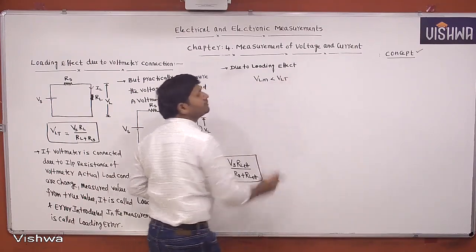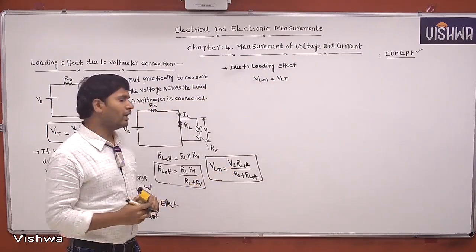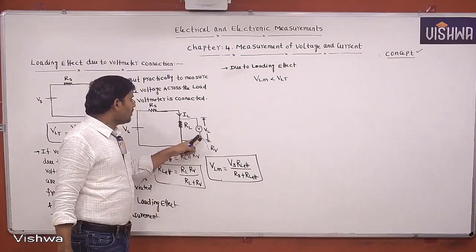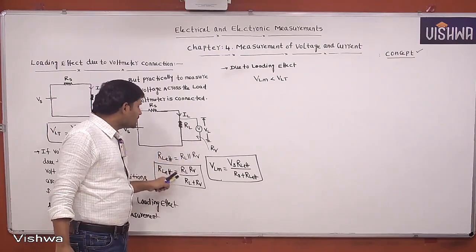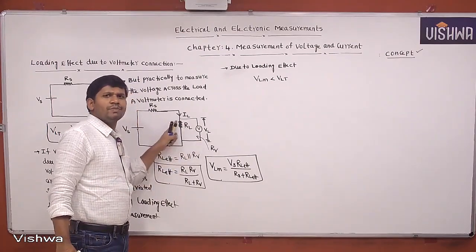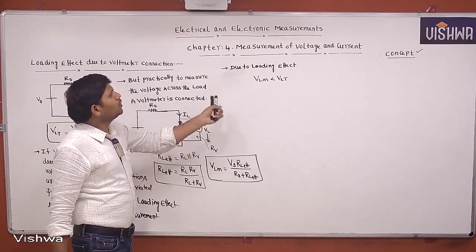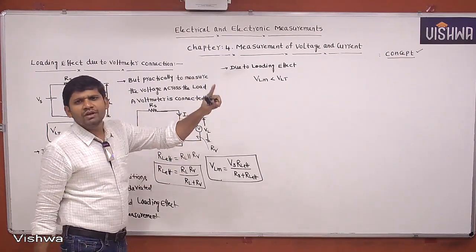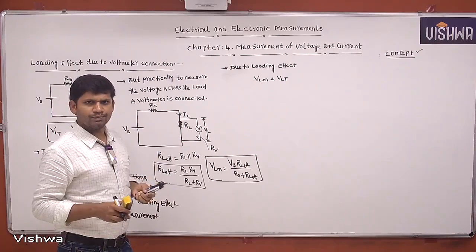Because of the parallel combination, the resistance will reduce, and the voltage measured is also reduced. That's why, due to loading effect, the measured value is always less than the true value.